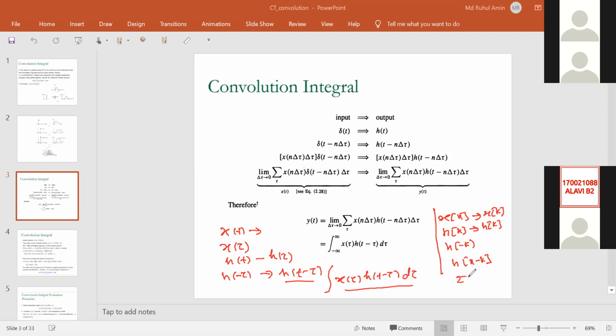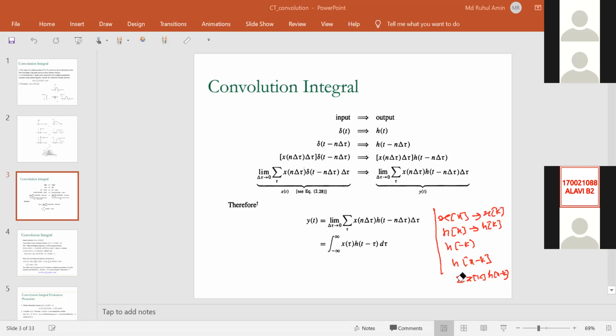In the discrete case, it is actually the sum of xk into h n minus k. In this way, you can evaluate the integral. All these steps are described in your book. You can have a look. Now, you can evaluate this integral in two different ways, either analytically, or graphically. Using the analytical method, you have already experienced it in your Laplace transform course, so we will not be discussing that much about it.